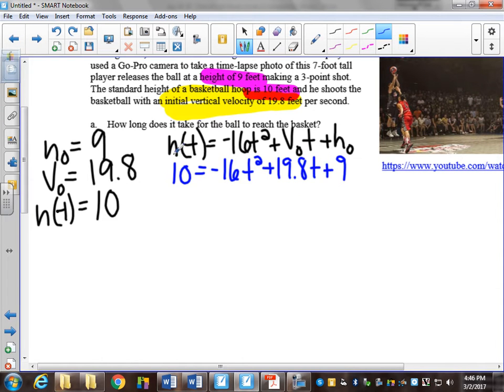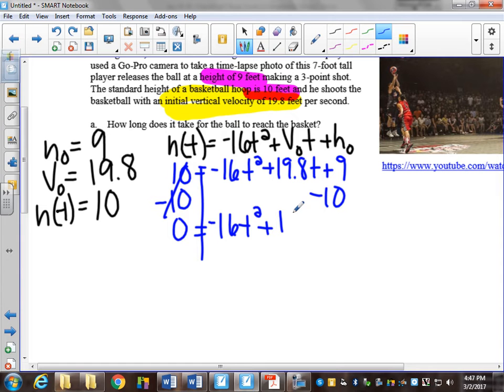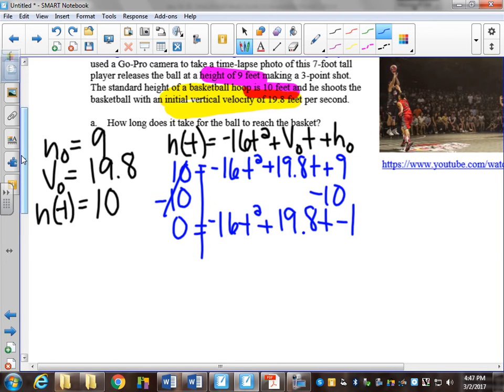We need this to be set equal to 0, so let's just get rid of that 10. 0 equals negative 16t squared plus 19.8t minus 1. So now at this point we have our A, B, and C.